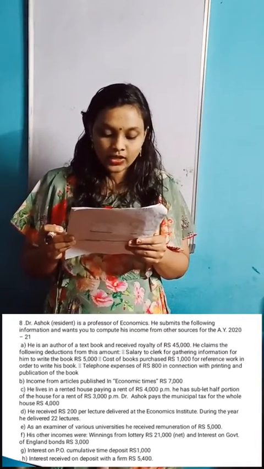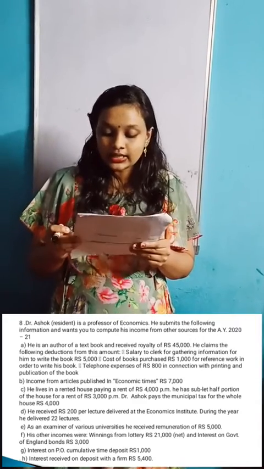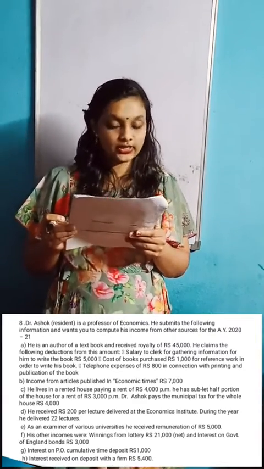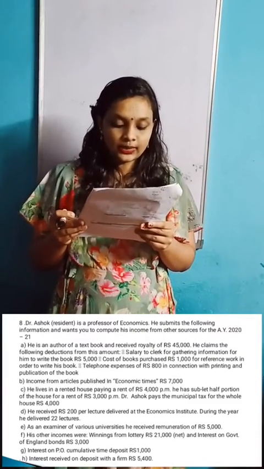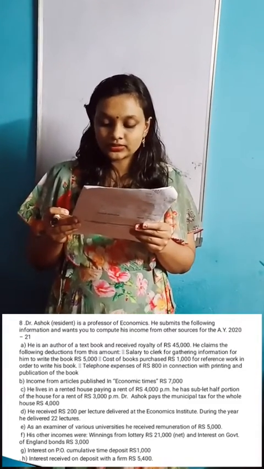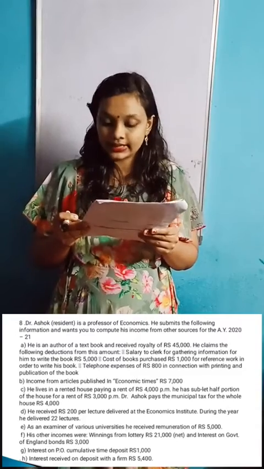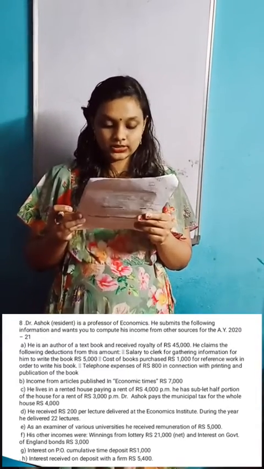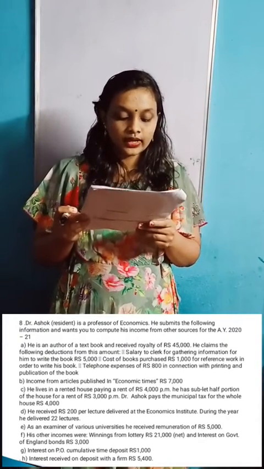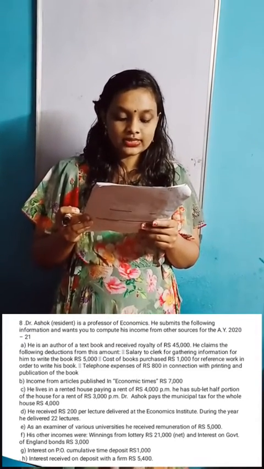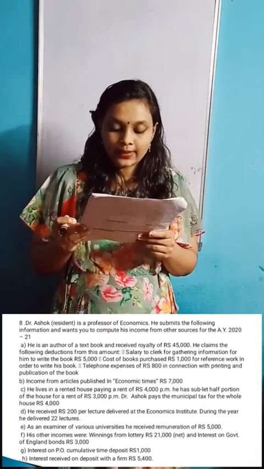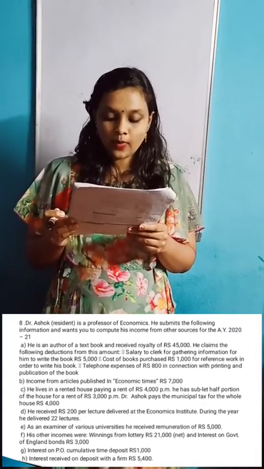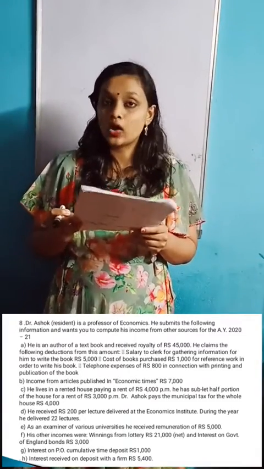As an examiner of various universities, he received remuneration of rupees 5,000. His other incomes were winnings from lotteries, rupees 21,000 net, and interest on Government of England bonds, rupees 3,000. Interest on post office time deposit, rupees 1,000. Interest received on deposit with a firm, rupees 5,400.